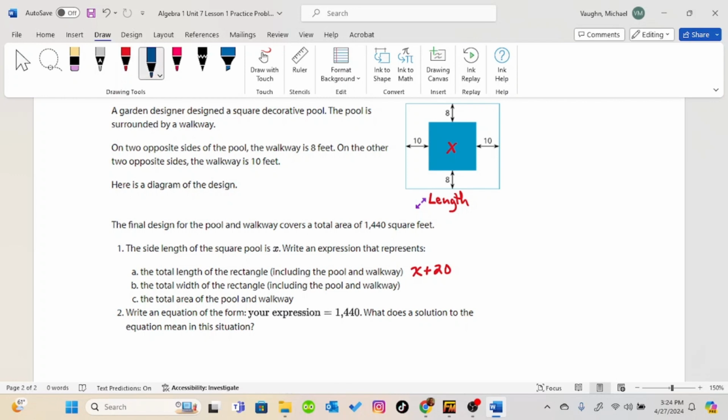B, the total width of the rectangle, including the pool and walkway. I am going to call the width the top to bottom. And again, if the pool is x, then this is going to be x plus 16, because you have 8 on the top and 8 on the bottom.